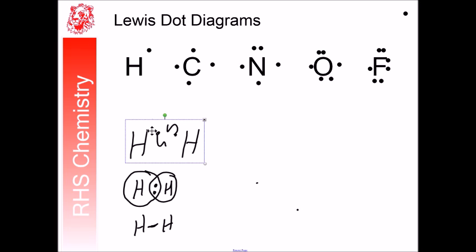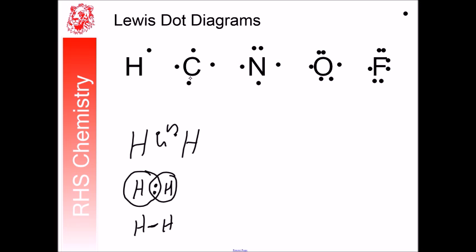So when you make a bond, 1 electron usually comes from one element, another electron comes from another element to form the bond. So hydrogen wants to make 1 bond with one other thing, so we can get 1 electron extra to make a grand total of 2. Carbon, on the other hand, has 4 electrons in its outer shell. It would like to have 8. So if it's going to get a total of 8, it needs 4 extra electrons.